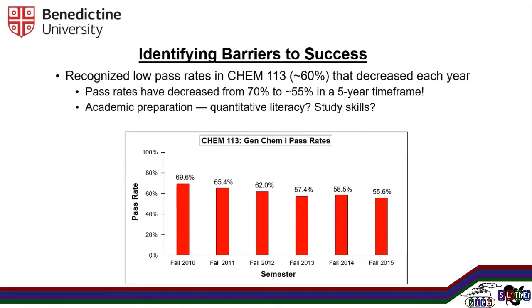So that was the only prerequisite we had on this course. We were seeing falling pass rates. So you can see in the fall 2010, we had about 70%, all the way to fall 2015, it fell to about 55%. And that's just in a 5-year time frame.